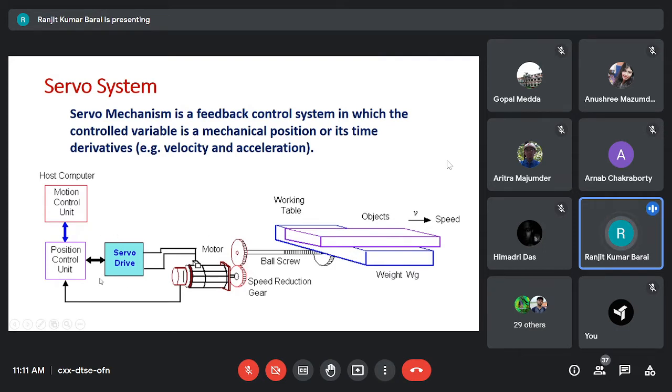In servo mechanism it is called a servo drive, because it gives driving capability. In other literature, it is called a servo amplifier. Basically, it's an amplifier.